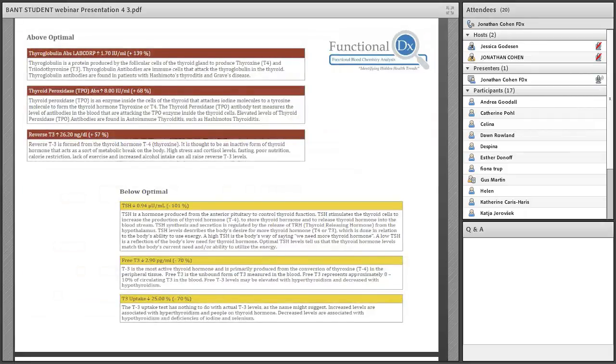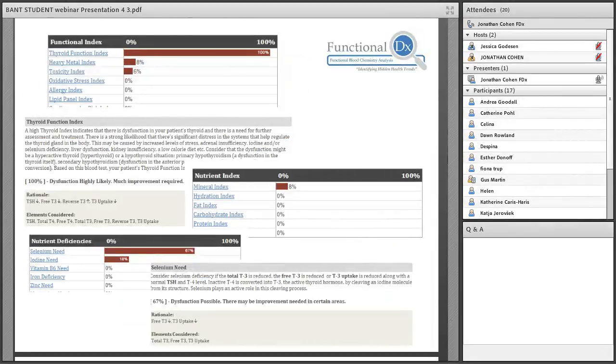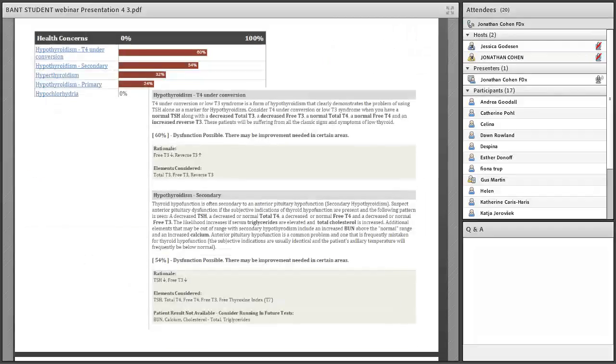And again, we go through what was above optimal, what was below optimal, why, what's in there, what we're testing for, looking at the functional test. And this was only for the thyroid. Nothing else was tested. And this also showed that probably there was a need for iodine as well. Obviously, the health concerns here were hypothyroidism for T4 underconversion, which is what we were looking for, and secondary hypothyroidism.